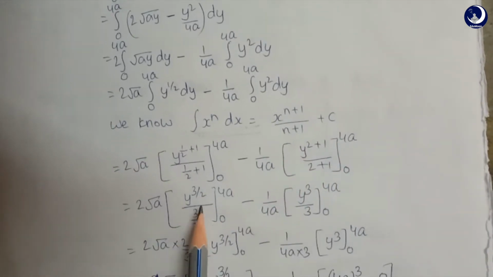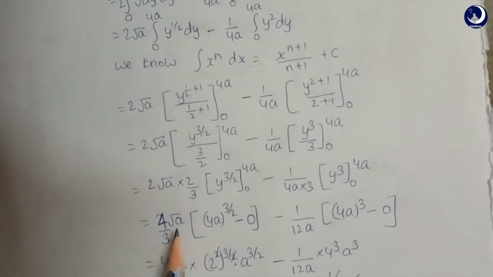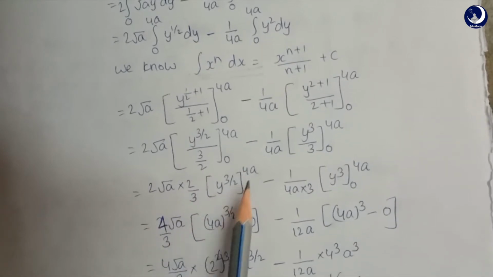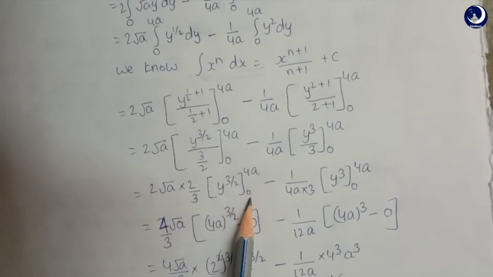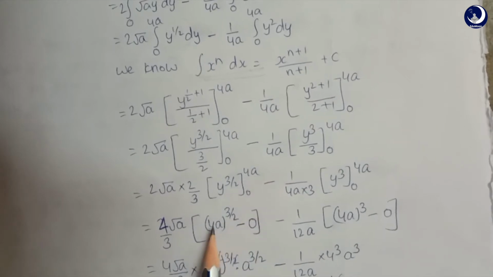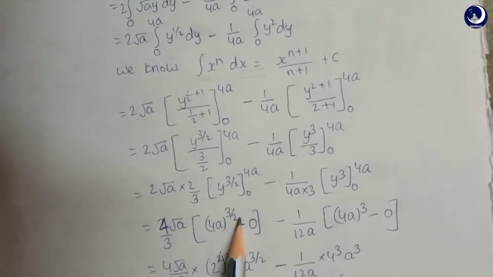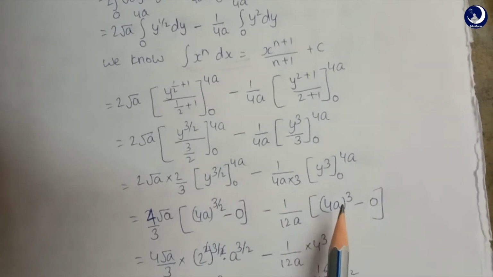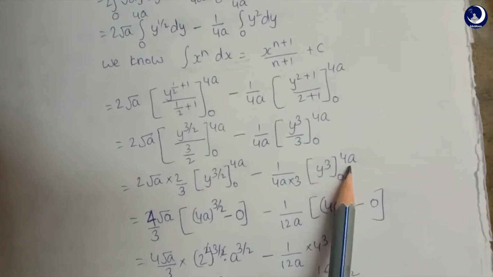By solving this we get the required function, which was 4 root a by 3 into, after applying upper limits and lower limits, upper limit was 4a, applying 4a whole power 3 by 2 minus, lower limit was 0, that's why we get 0, minus 1 by 12a into 4a cube minus 0, like that this also.